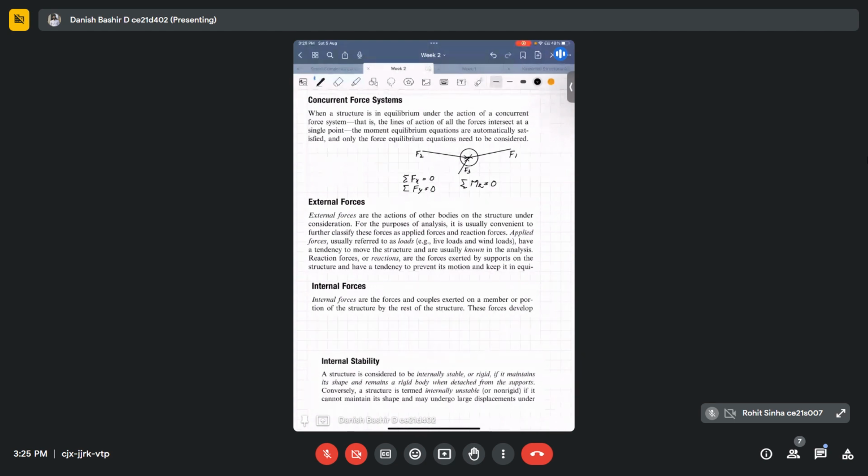Now there is another categorization of the forces that act on a structure. These can be external forces and internal forces. External forces are those forces or actions which are imparted on our structure because of the actions of other bodies.